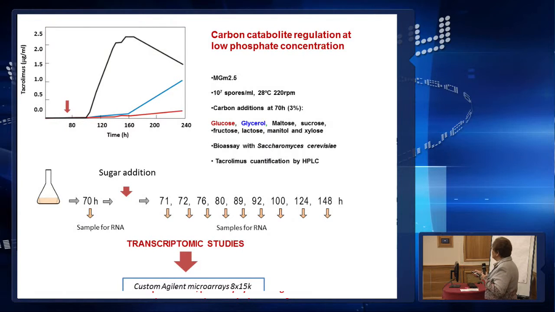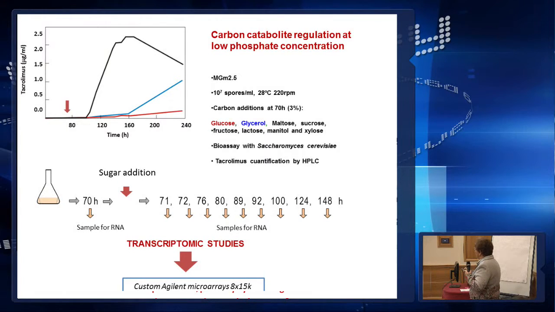Production of tacrolimus was studied in Mg medium, and we found that maltose, sucrose, and other sugars permit the production of large amounts of tacrolimus, but glycerol, and especially glucose, did not permit the production of tacrolimus, so it was a clear carbon catabolite regulation.